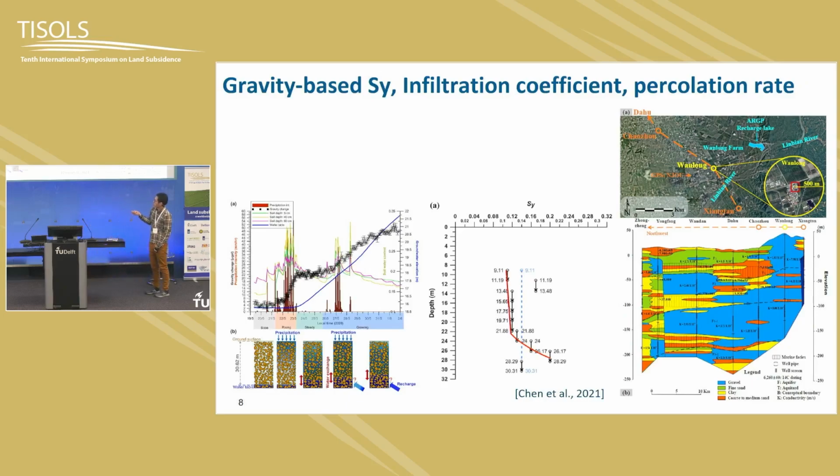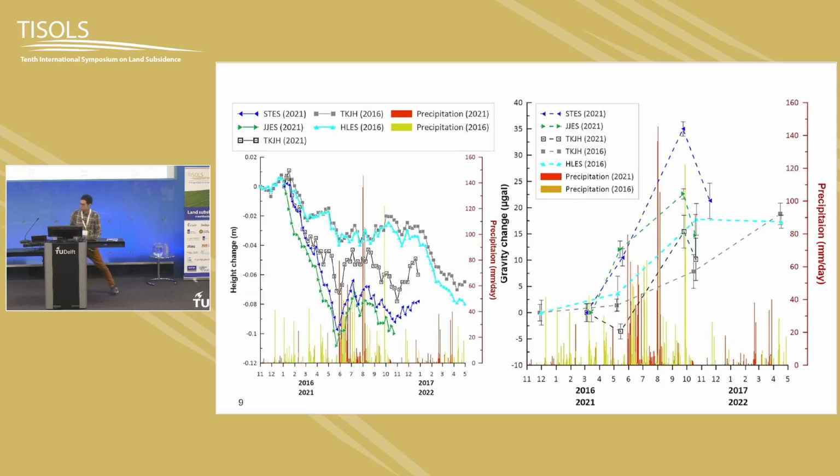We have proved that you can use gravity to determine the estimated specific yield, the infiltration coefficient, and the percolation rate, these 3 important coefficients you need in your model when you are looking for the recharge lake, the artificial recharge lake.